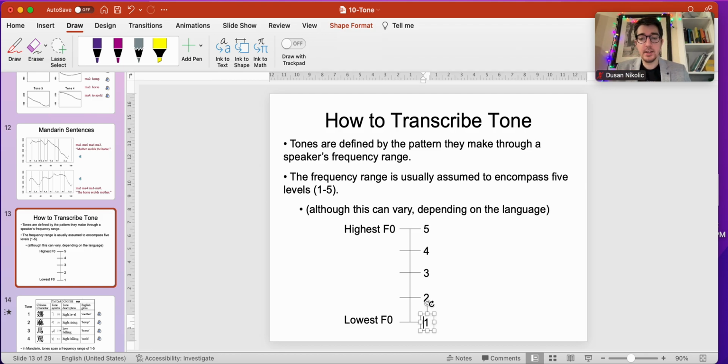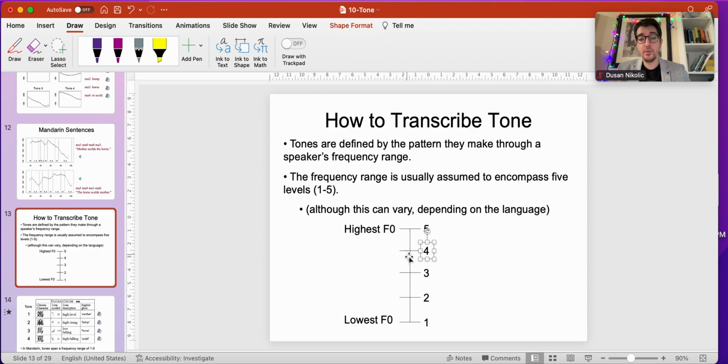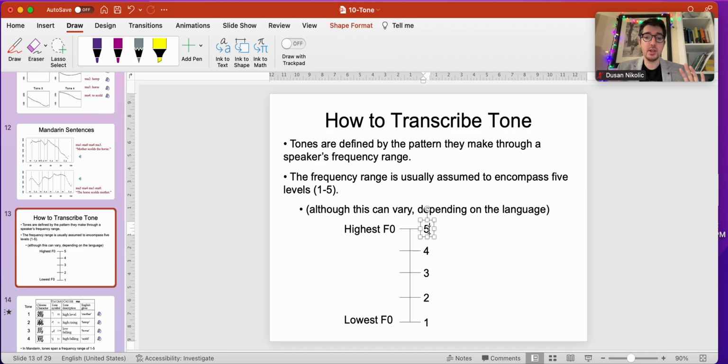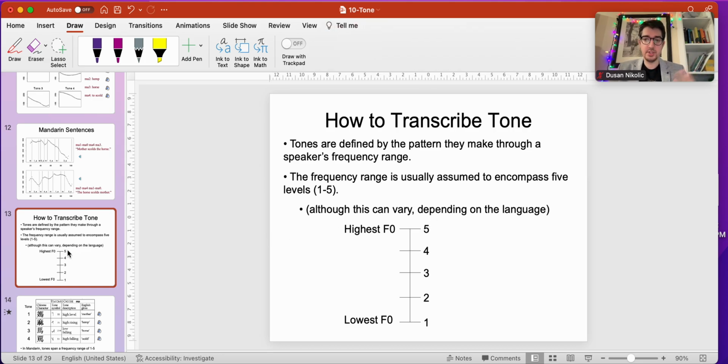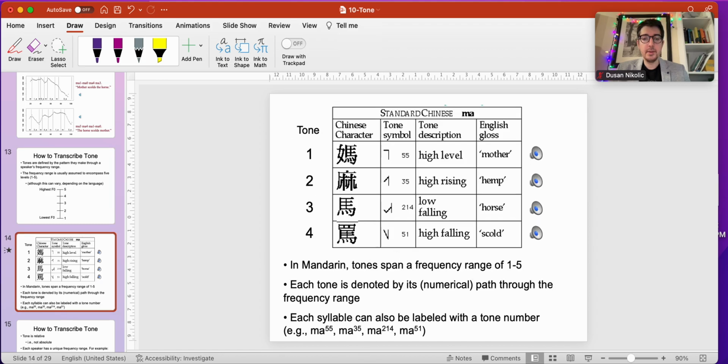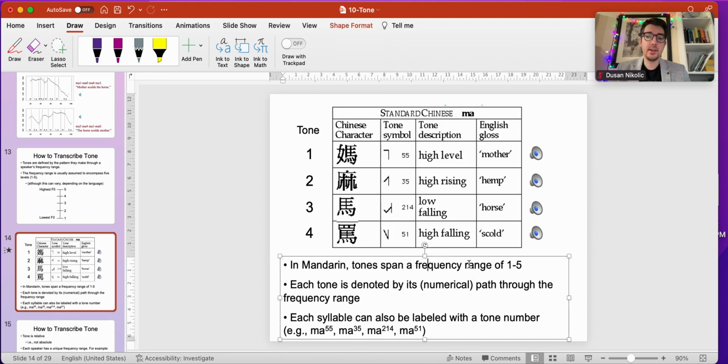And in between these two, there are ranges at around 4, around 3, around 2. And again, these are all relative to each other. There is no specific frequency where I say, okay, this one is 300 hertz. No, it depends on a speaker, and I'll show you in a minute what I mean by that. So in Mandarin, tones span a frequency range of 1 to 5, right?